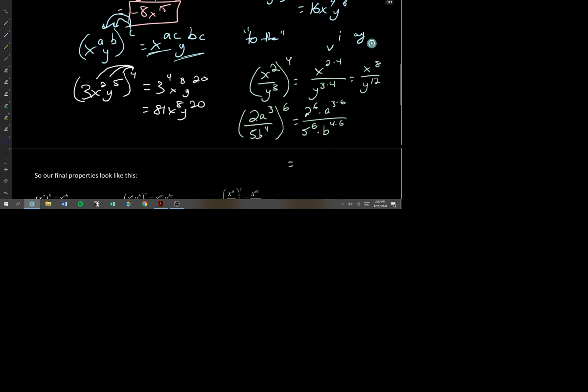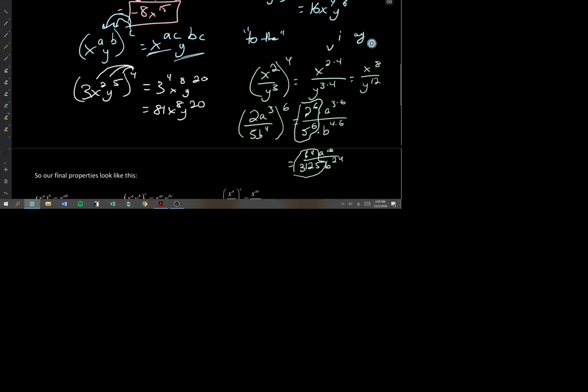I'm actually counting on my fingers, just so you know. 5 to the 6 is 5, 25, 125, 625, 3125. 64 over 3125 with an a to the 18 and a b to the 24. It's kind of a cool fact here that this fraction can definitely not reduce because these had nothing in common. Since the 2 and the 5 can't reduce, the 64 and the 3125 can't reduce.